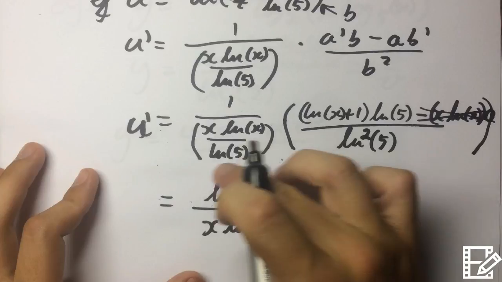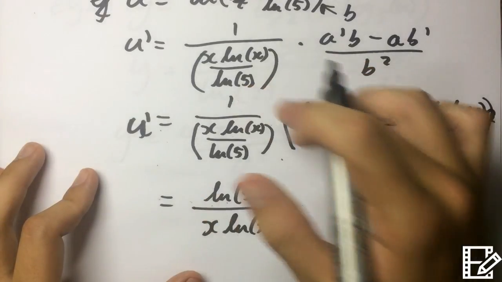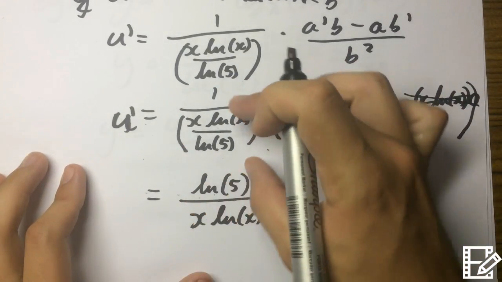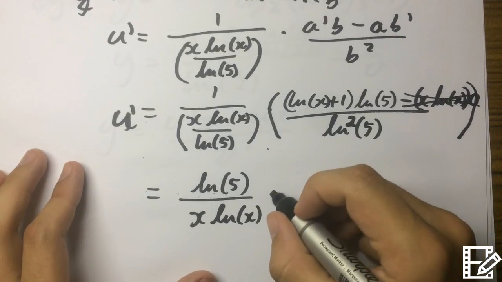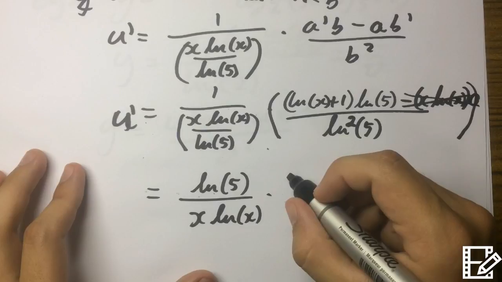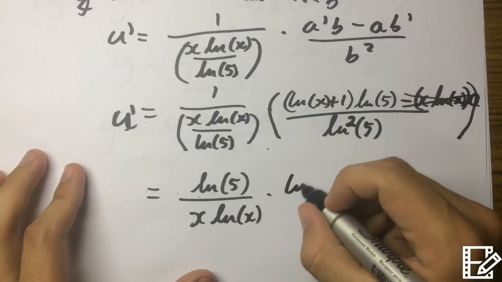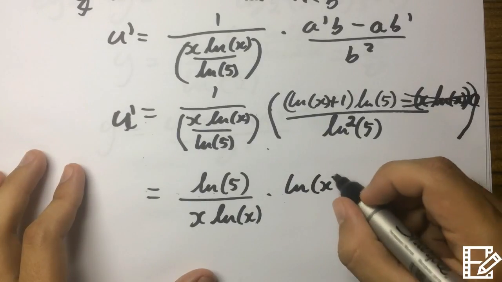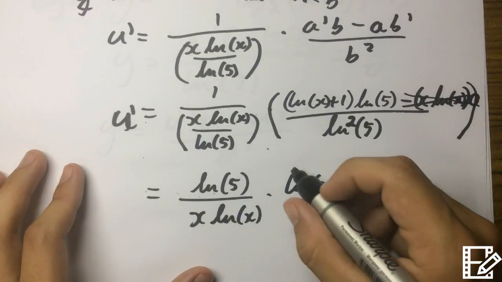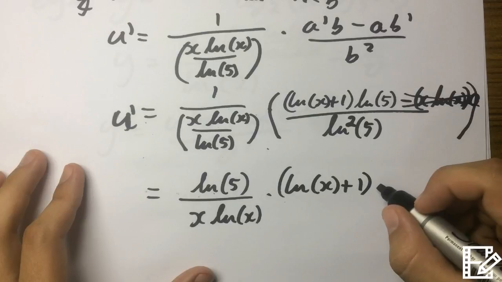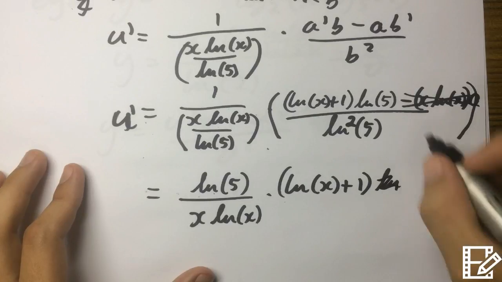So basically, the ln's on the 5, and you just take it right to the top. So you flip it. Okay? And then we're going to multiply that to the ln of x plus 1. And ln of 5, that's going to cancel out.